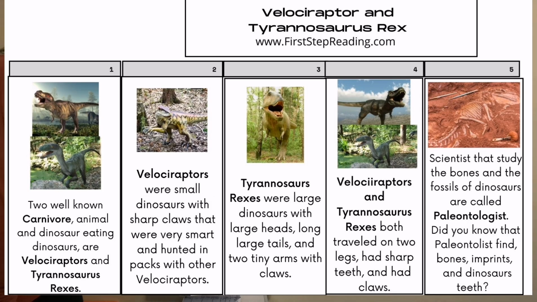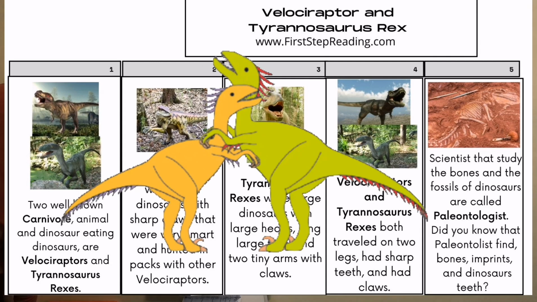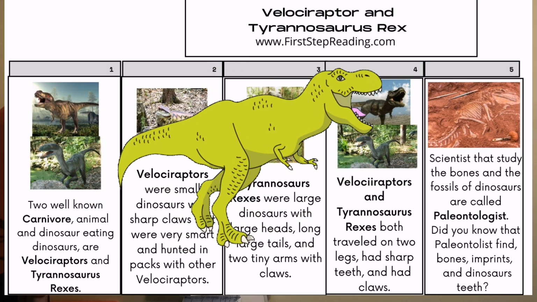So we're going to learn about Tyrannosaurus Rex and Velociraptor. So let's read our next story. Velociraptor and Tyrannosaurus Rex. 2 well-known carnivore, animal, and dinosaur-eating dinosaurs are Velociraptors and Tyrannosaurus Rexes.